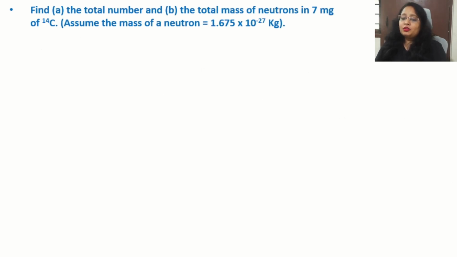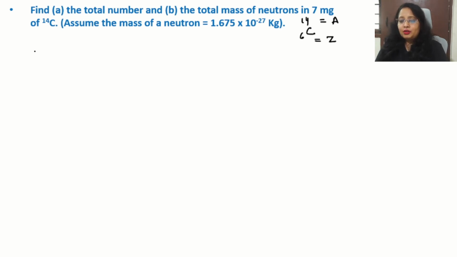Find total number and the total mass of neutron in 7 mg of C14. So friends, first of all, understand C14. C14 is an isotope of carbon having 14 is called the atomic mass and 6 is called the atomic number.